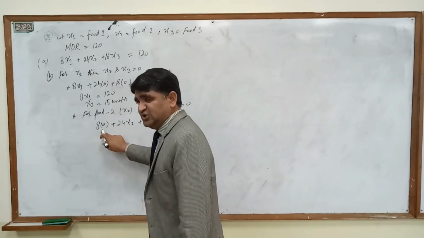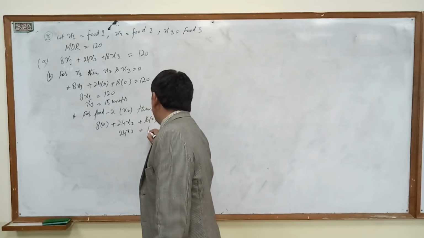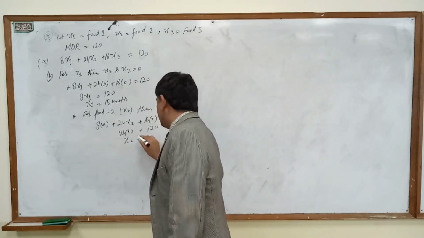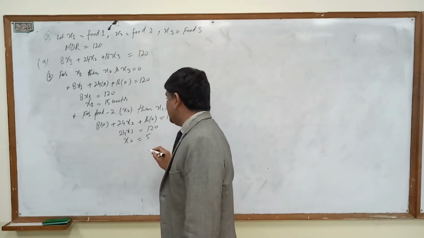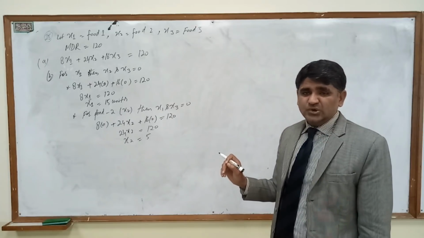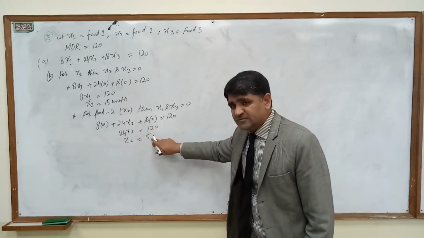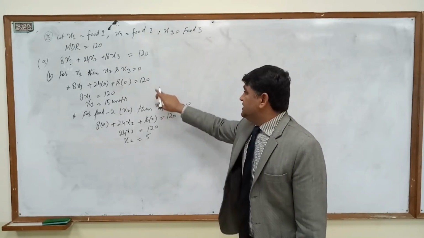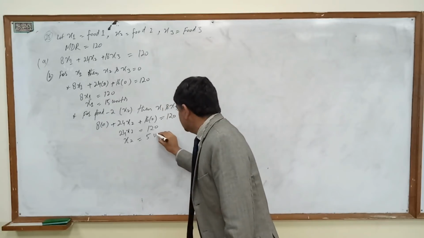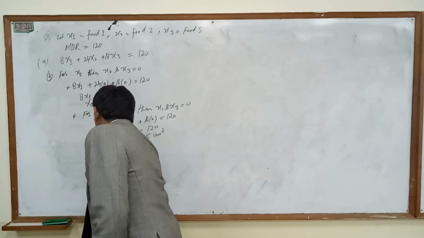So 24x2 is equal to 120, so x2 is equal to 5. 120 divided by 24 is equal to 5. What's the interpretation? If she includes only food 2 in her meal, then she must have 5 units to meet her minimum daily requirement.